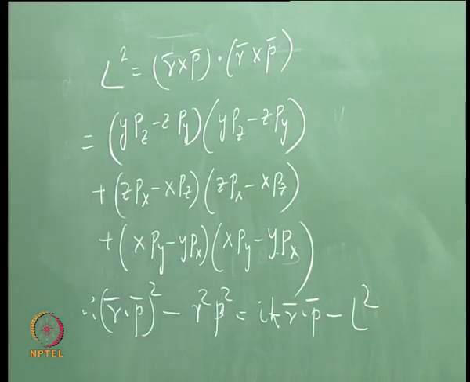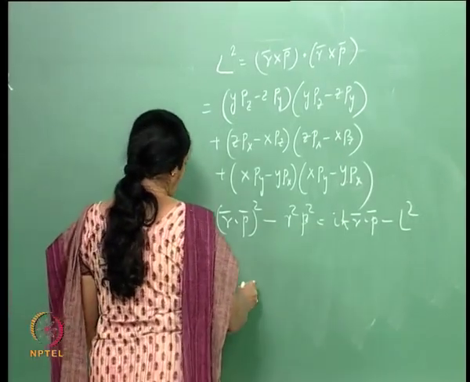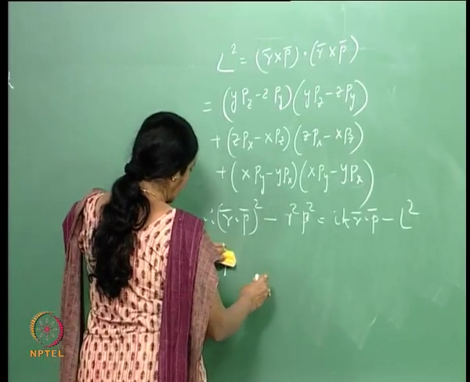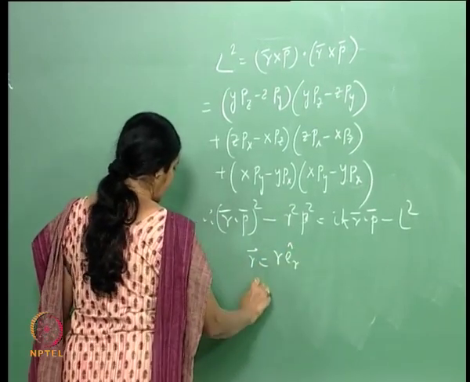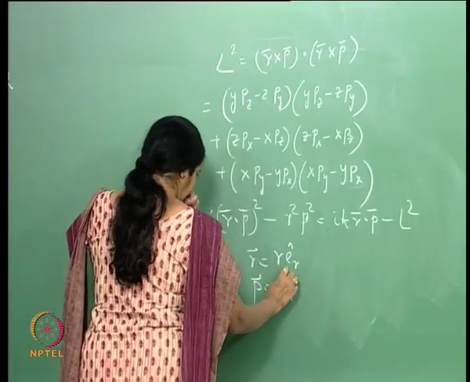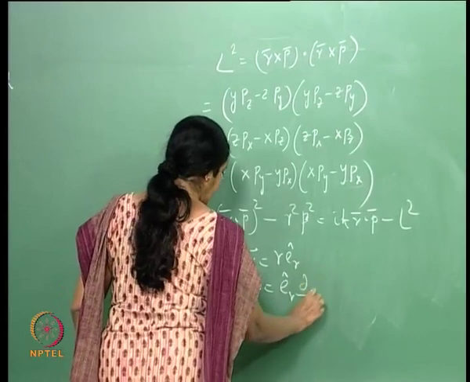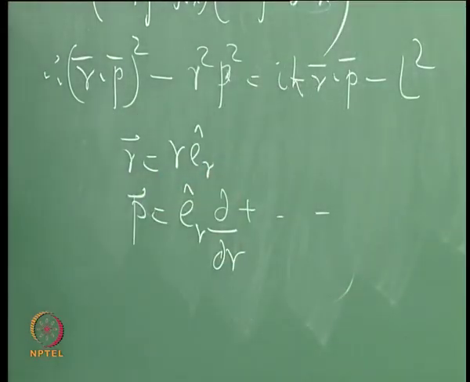And now I move on to spherical polar coordinates. First of all, I write r as r e_r and p as e_r delta by delta r plus so on, apart from minus i h cross, which we should remember to put in.